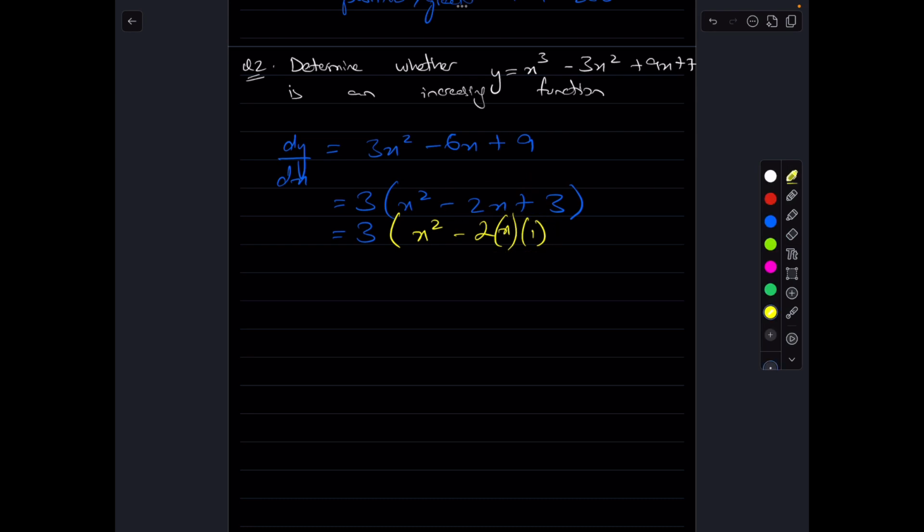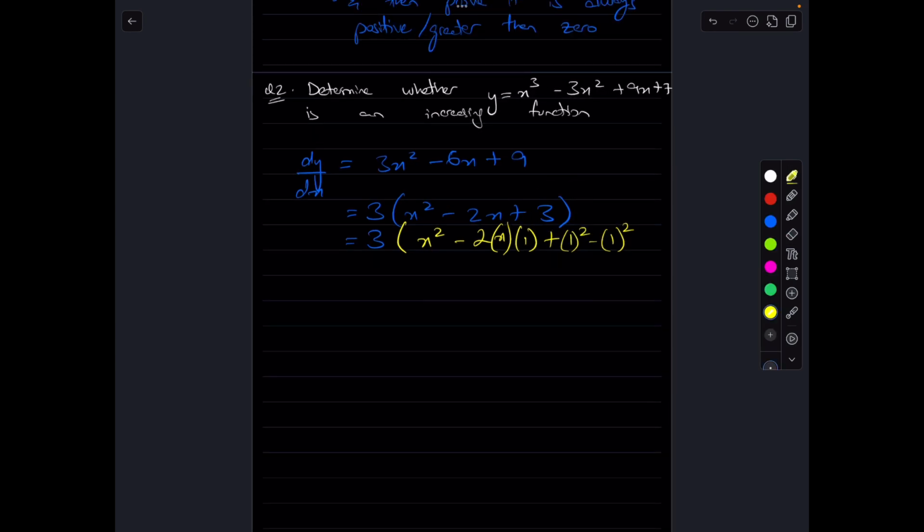We need to make this equal to this. Then since b is 1, it's going to be 1 squared minus 1 squared. And we had a 3 here, and this 3 remains as it is. And this is the part we are going to deal with.